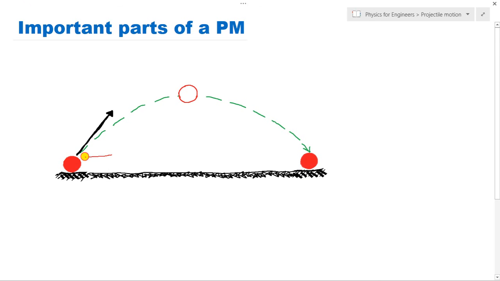Here we have a review. We have the throwing angle. This one, we have our final velocity, which is opposite to our initial velocity. Then we also have an angle here. We also have an angle phi, which is the angle of impact.